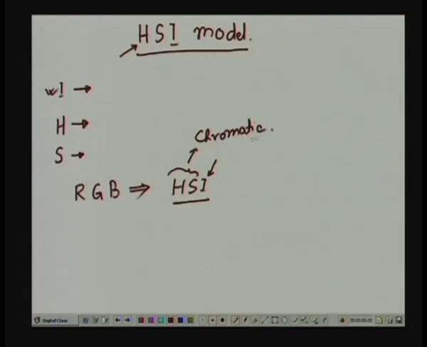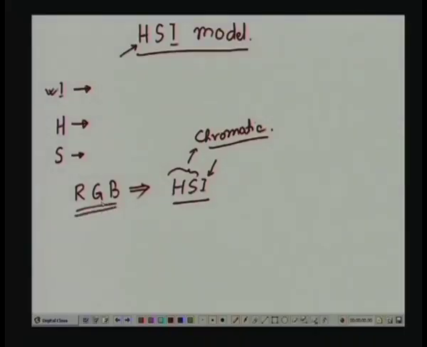As we can decouple the chromatic information from the intensity information, many of the image processing algorithms developed for black and white or grayscale images can be applied to images specified in HSI space. So conversion of an image from the RGB space to HSI space is very, very important. Now, let us see how we can convert a color specified in RGB space to a color in the HSI space.